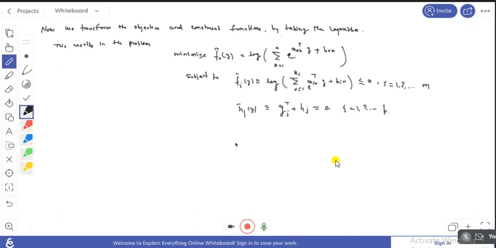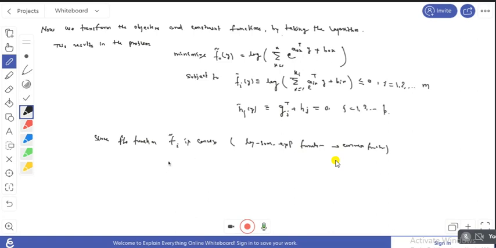Here you know that the function fi tilde is convex. Why convex? Because you know that log-sum-exponential is always a convex function.